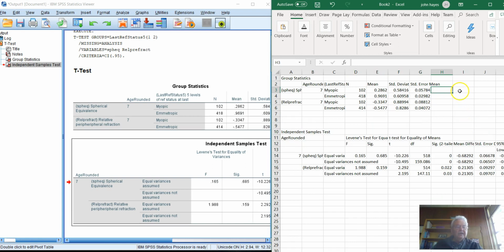Instead, we're going to come up here, we're going to say equals myope, and we're going to use emmetrope kind of as the base.